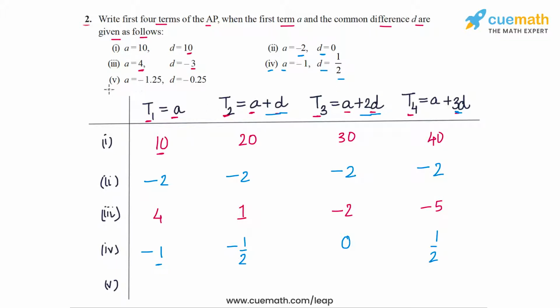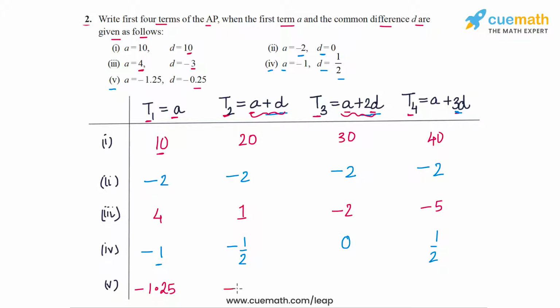Okay, and now the fifth progression has A equal to minus 1.25. So T1 is minus 1.25, and now the common difference is minus 0.25. So to go from any term to the next term, we simply subtract 0.25 and we get the next term. Or if you want, you can plug in the values of A and D into these expressions and you will get the same answer.